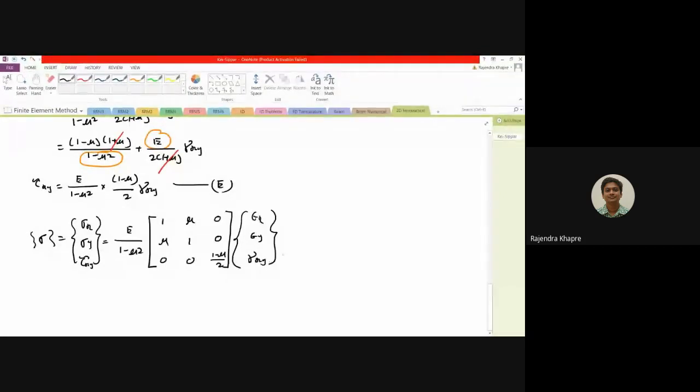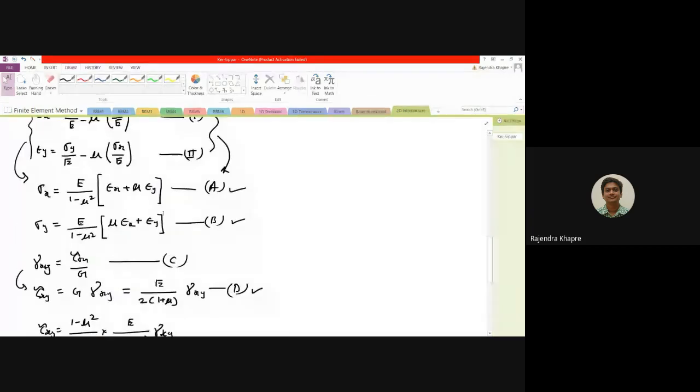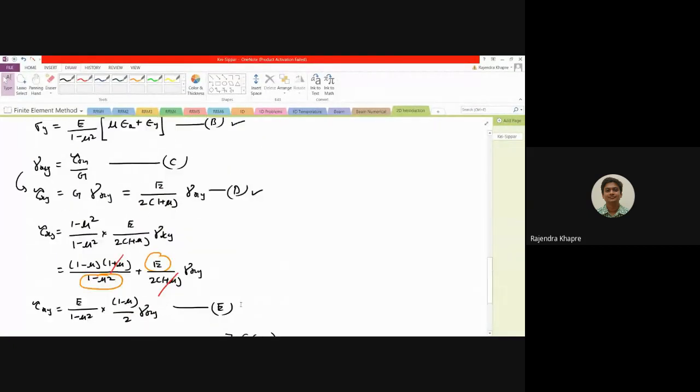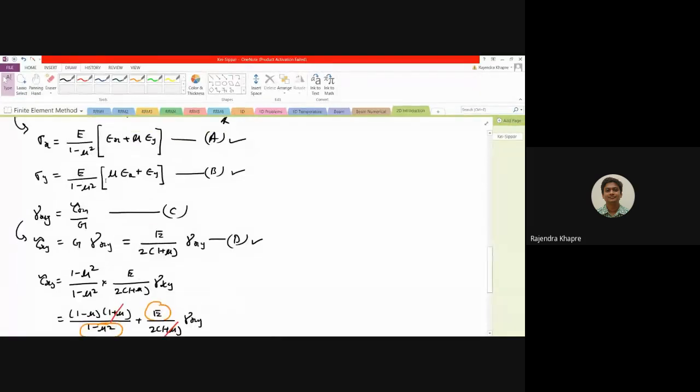Now if you want to calculate the value of sigma x, it will be nothing but this particular constant into 1 into epsilon x plus mu into epsilon y. Here you can see this is 1 into epsilon x plus mu into epsilon y, and there is no term of gamma xy. Similarly, you can see expression b also.